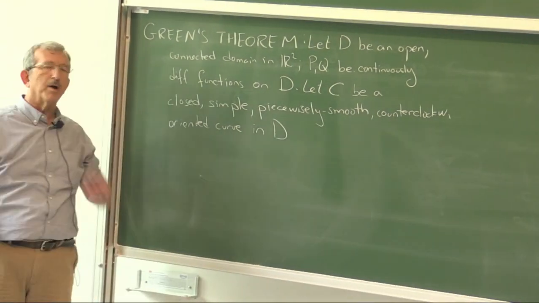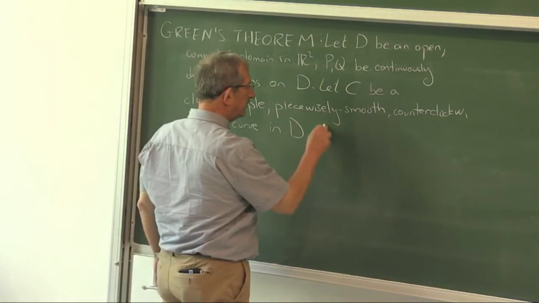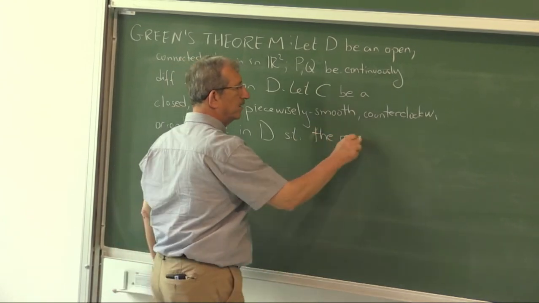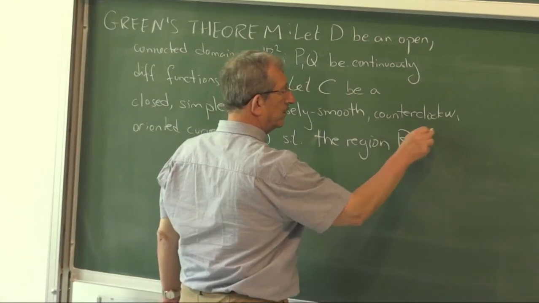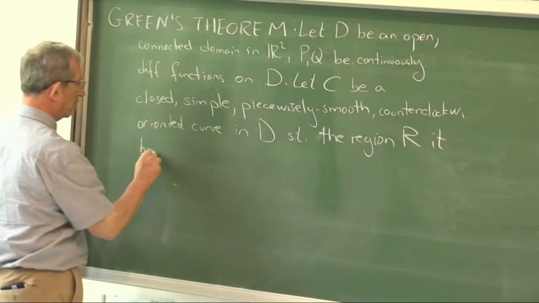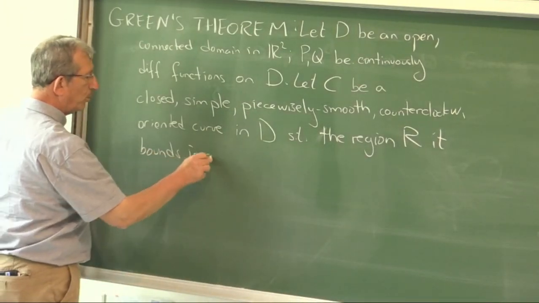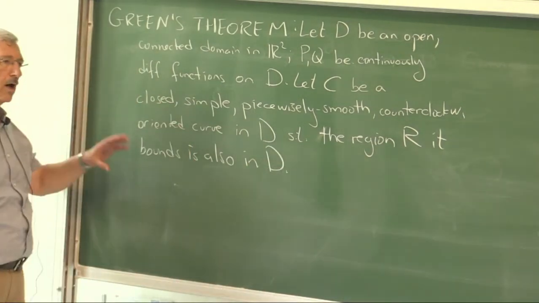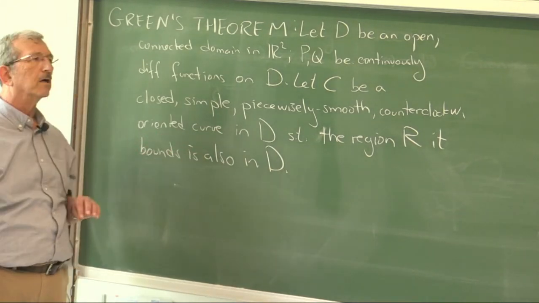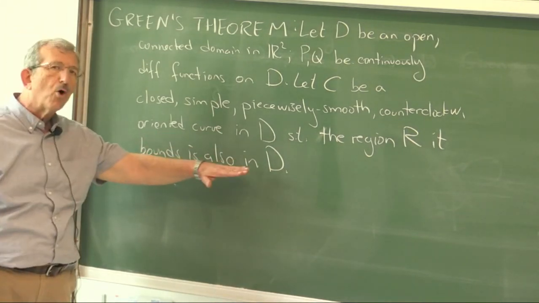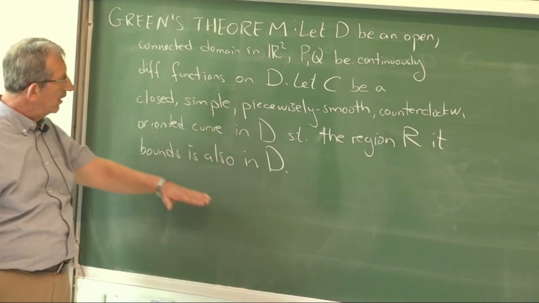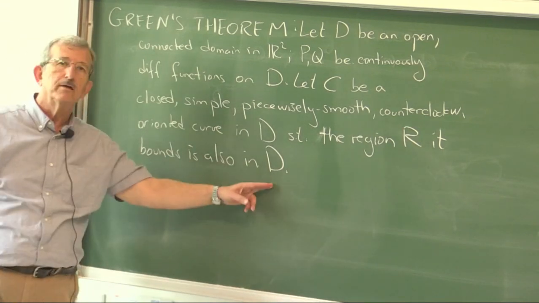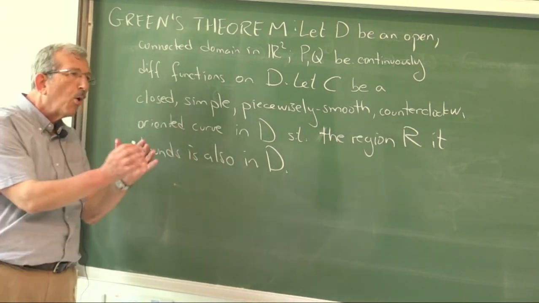but it will have another property such that the region it bounds is also in D. So the problem with the previous example will not occur here. Namely, C is such a curve that its inside is also in D. In the previous one, there was a hole inside.